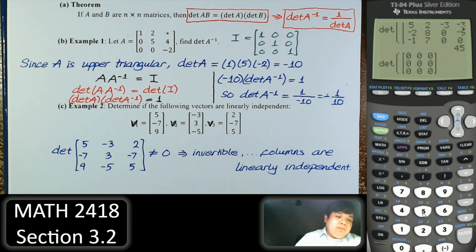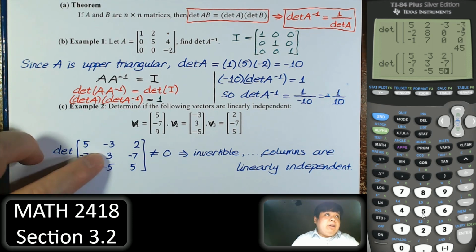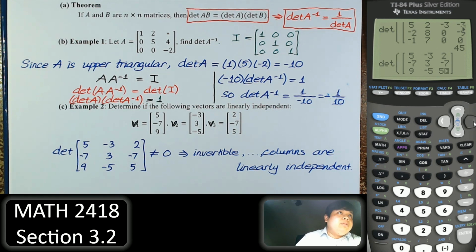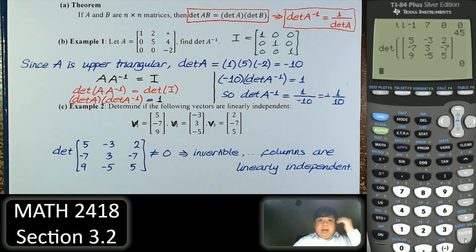Right. So 5, -3, 2, -7, 3. Right. Just find determinant. And determinant equal to 0.